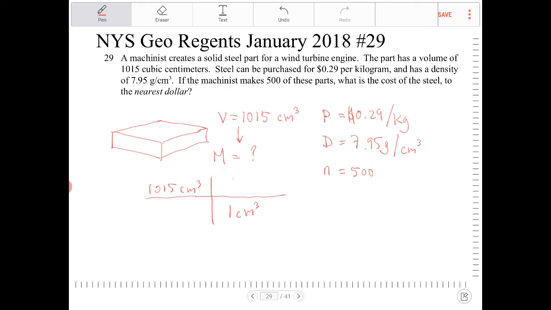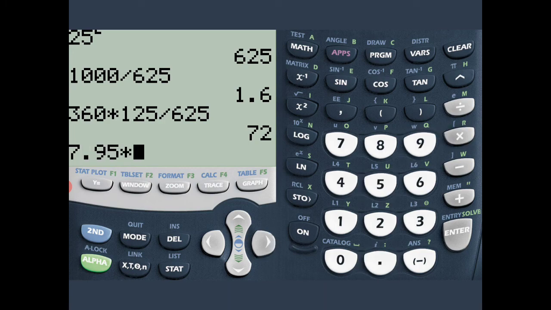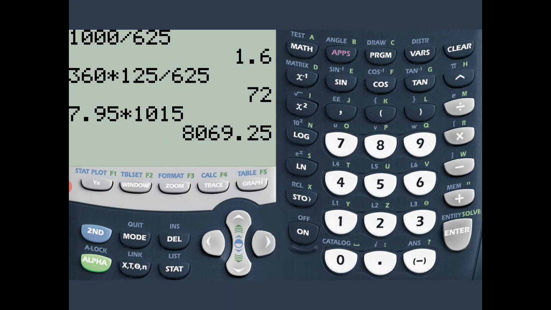I'm going to have 7.95 grams in the numerator, so the centimeters cubed will cancel, and I'm going to be left with grams as a result. So let's see what that is. 7.95 times 1,015 will be 8,069.25.